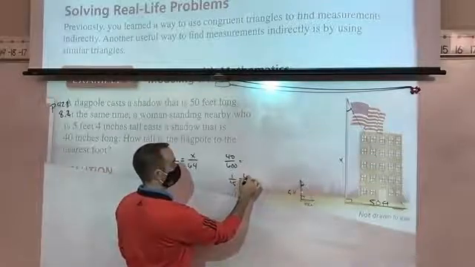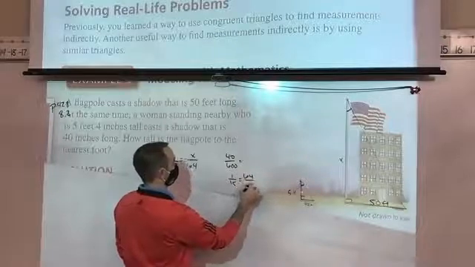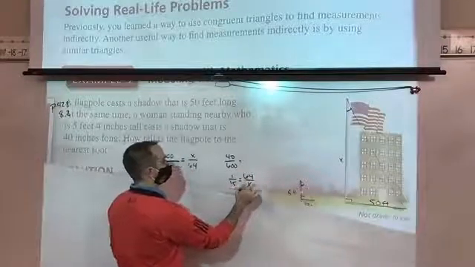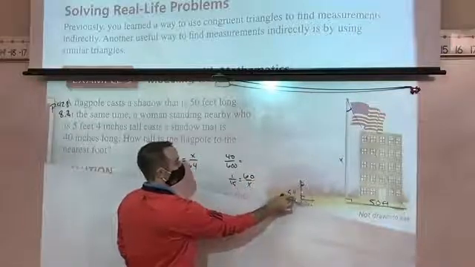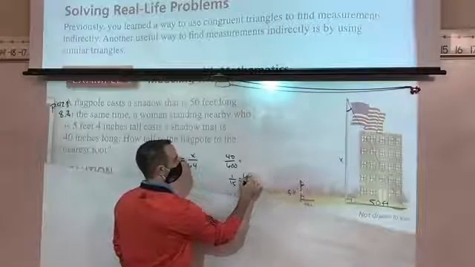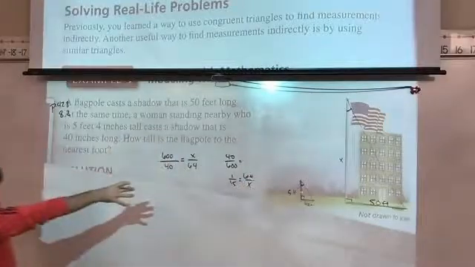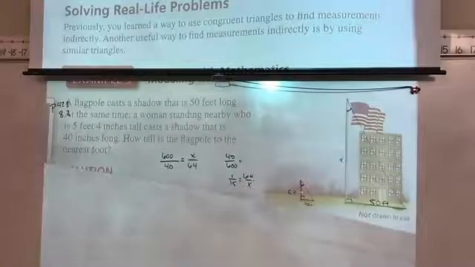Times it by 64 over X, 60 over X. Okay. 60 would be 5 foot, right? Oh, 5'4", yeah, so that would be 64. But that setup is good, right, if we turn that into 64.